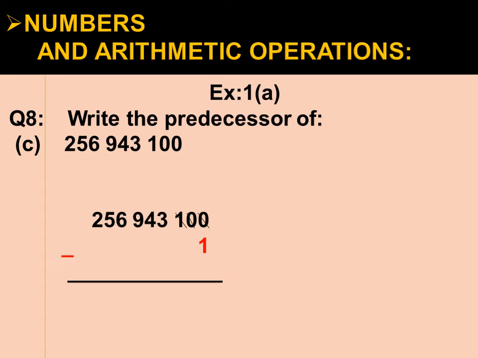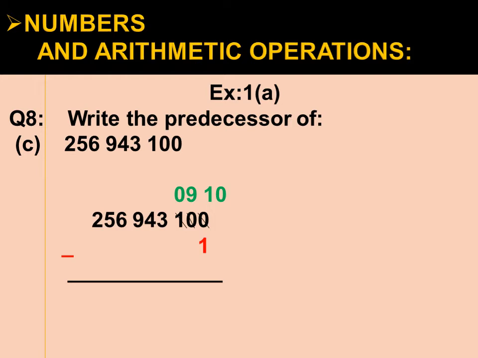But we have 0 at 10th place. So what will we do? We will move to the next digit, that is the digit at 100th place. What will happen when we borrow? Yes, when we borrow 1 from 100th place, at 1's place we will have a digit 0.